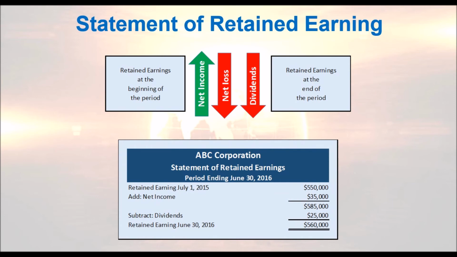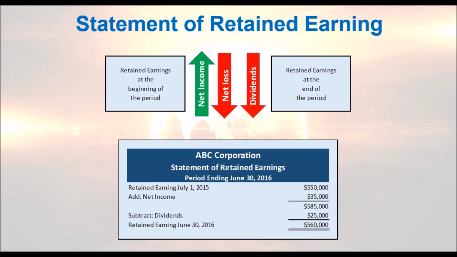Now let's look at the statement of retained earnings for ABC Corporation. The earnings as of July 1st, 2015, when our fiscal year starts, was 550,000. Now the company made in that 1 year from July 1st to June 30th a net income of 35,000. So that brings it to 585,000.